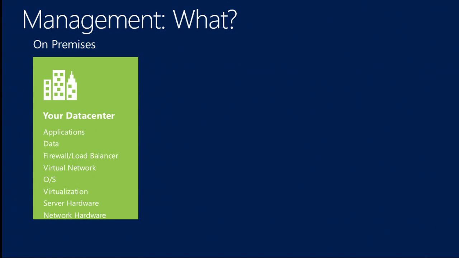On premises, in your own data center, whether it's colo and it's hosted somewhere else or you manage it, you own the entire stack, right from the networking hardware, the physical hardware for the servers, the virtualization stack, OS, and all the way up to the application is your responsibility, which means you need to go wire, configure, and monitor every layer of that stack, and you have to build a strategy around that.